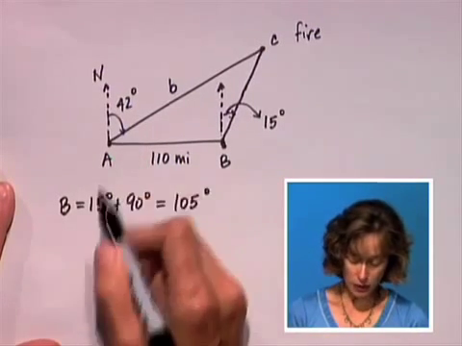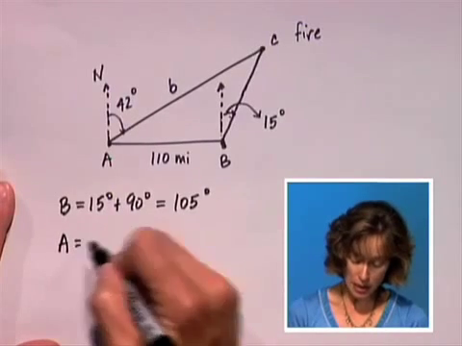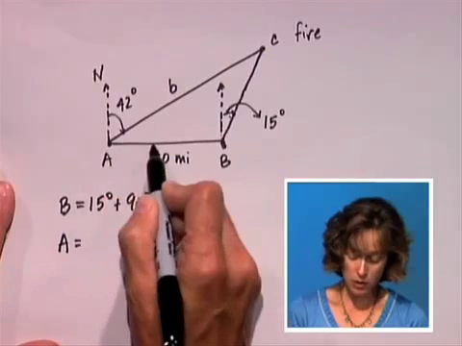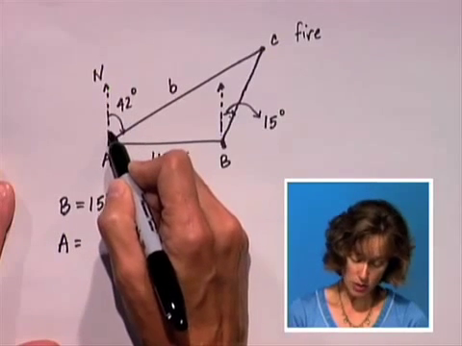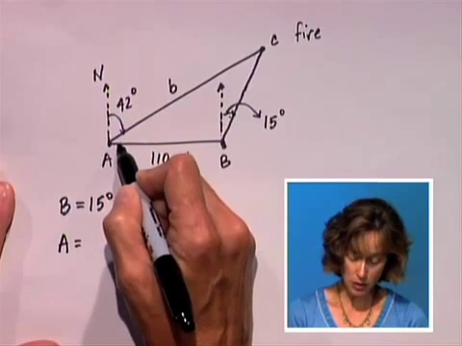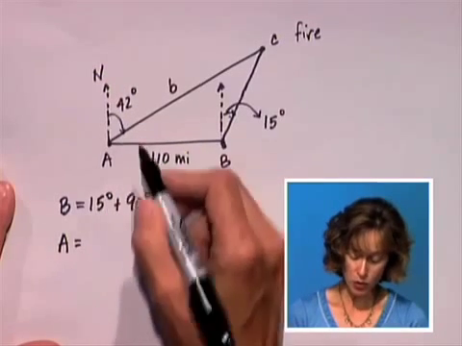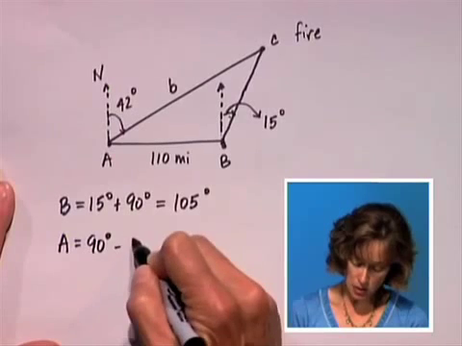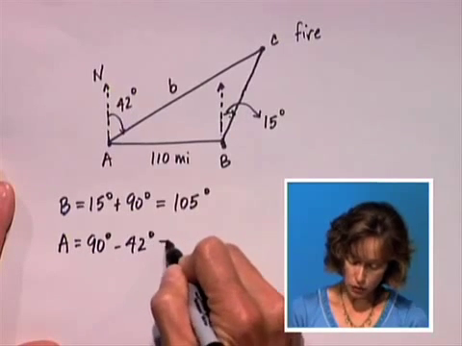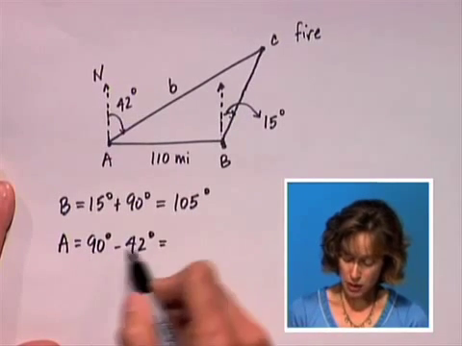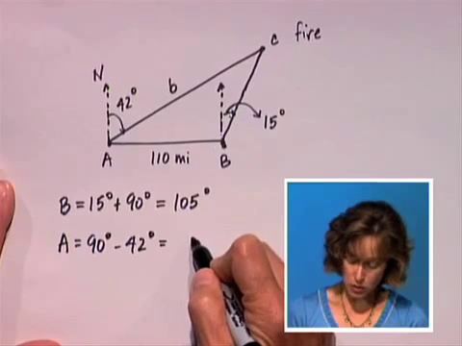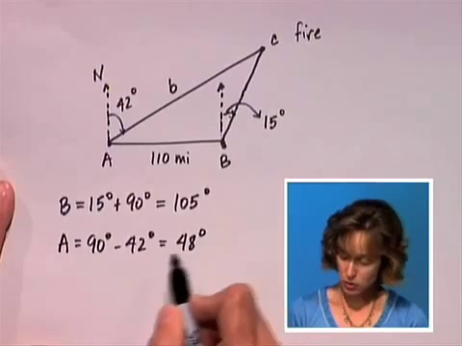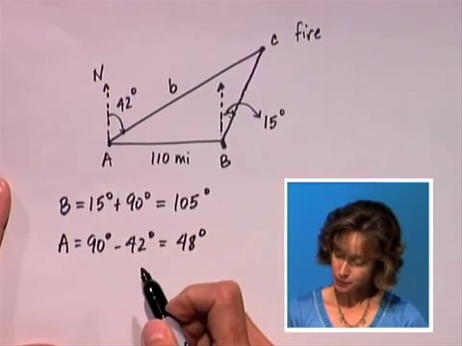I also need angle A. To get angle A in my triangle, realize that this north line with this east-west line forms a 90-degree angle. Part of that is 42, but angle A can be found by taking 90 degrees and subtracting 42 degrees. If you take 90 minus 42, you end up with 48 degrees for angle A.